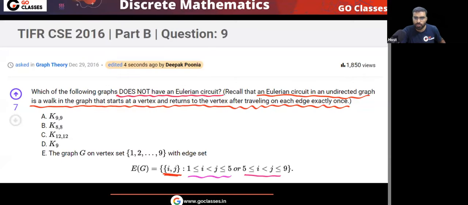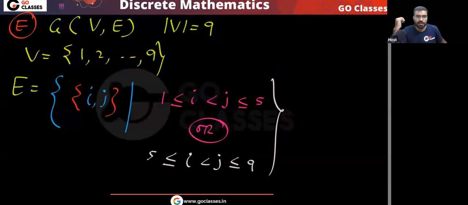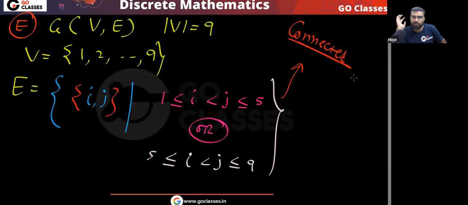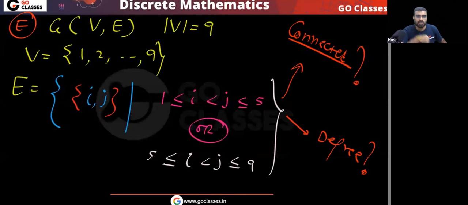You can check. Now tell me one thing. Do we care about the whole graph, or do we care about two things: is it connected, and what is the degree? We only care about these two things.